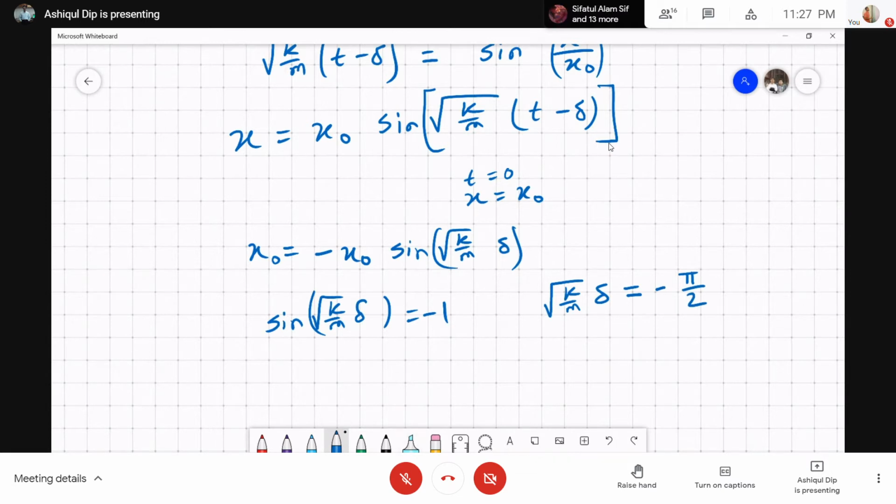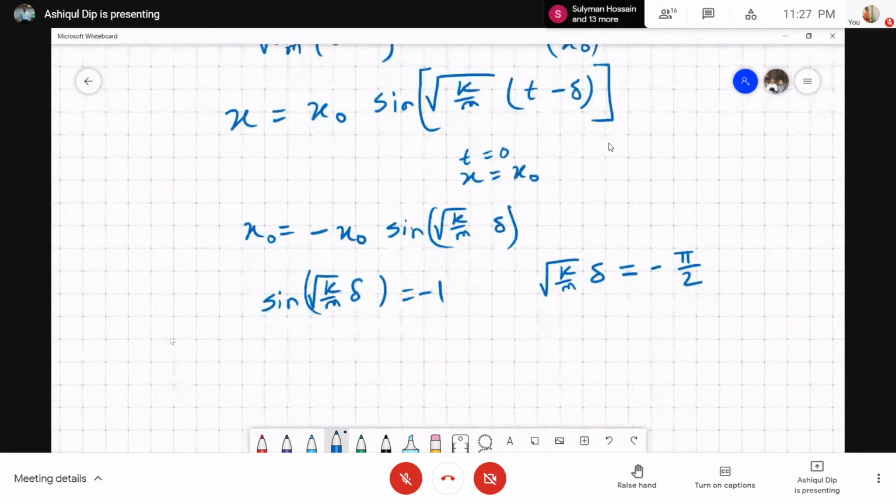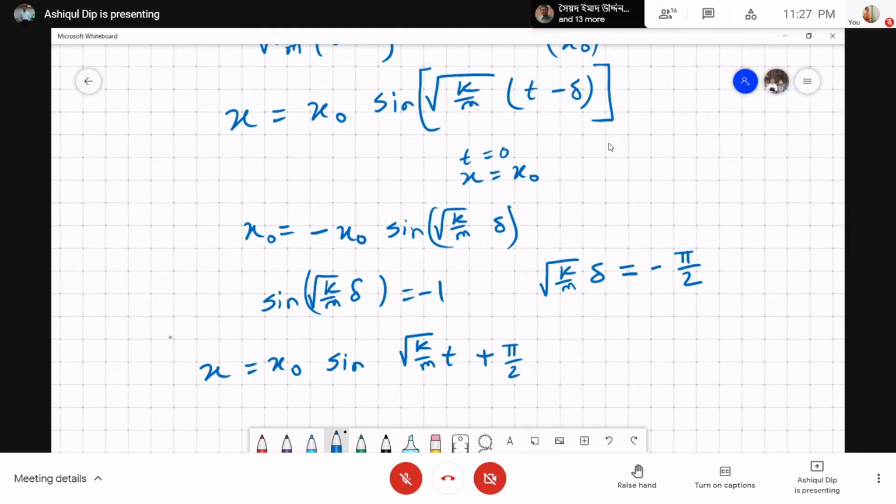Now we can substitute over here and we get the final solution to be x equals x naught sine of square root k by m into t, and then plus pi by 2, right? This is the solution.